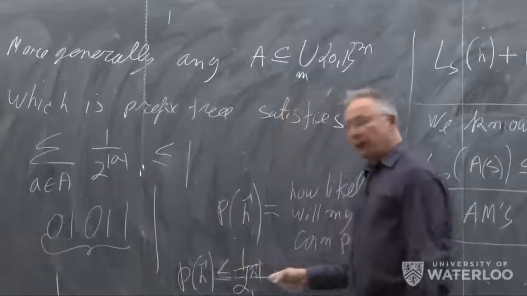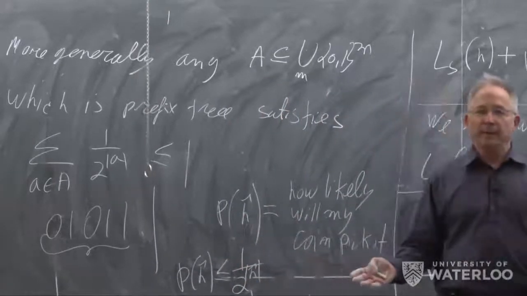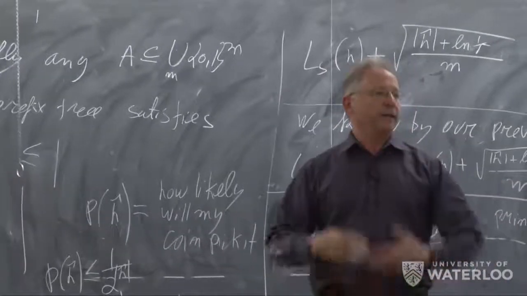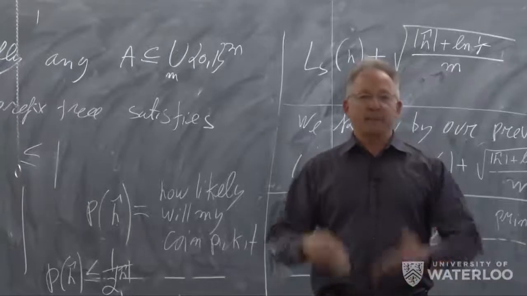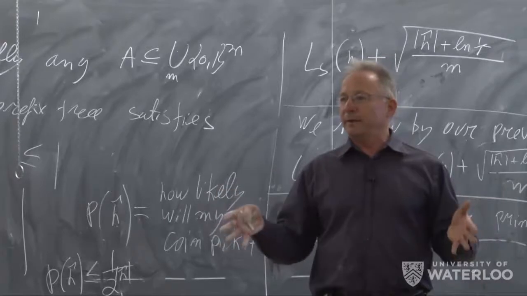And the sum of these is going to be at most 1 because it's a probability of picking all descriptions. So the sum of the probabilities of all the descriptions is at most 1.